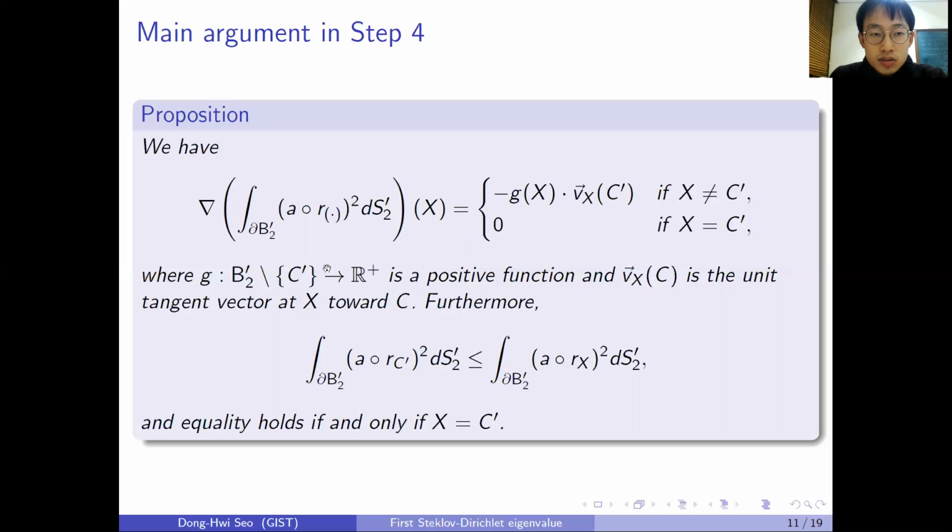So the gradient becomes a tangent vector which has direction from X opposite to C prime.